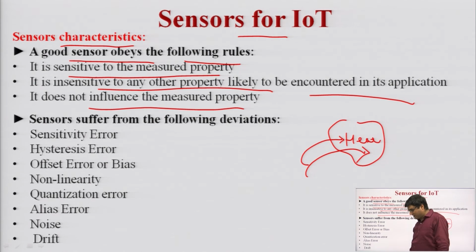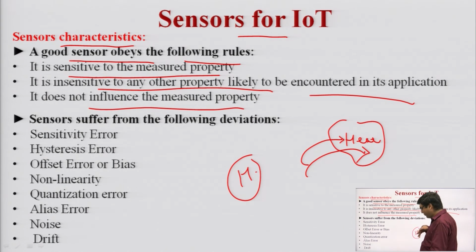If you are taking data from the environment like heat or pressure, it should be sensitive to that, and it does not influence the measurement property. For example, if we are measuring heat, it does not affect the measured property, heat. It is converted into electrical voltage or current, but does not affect the actual original information like heat.